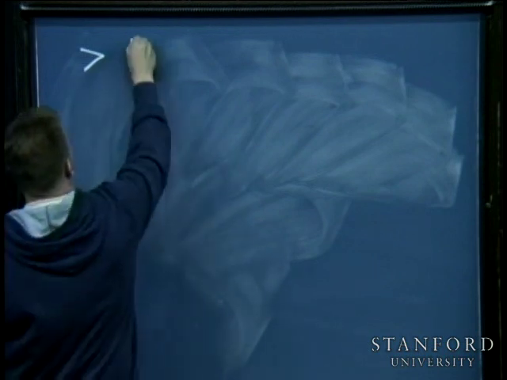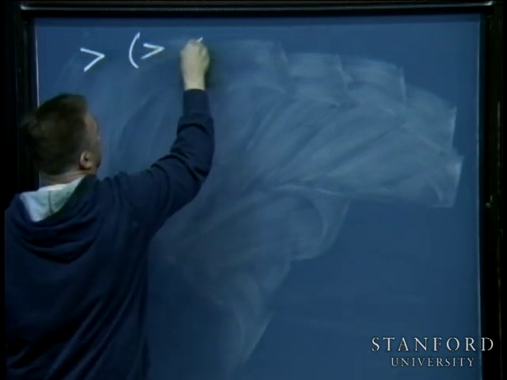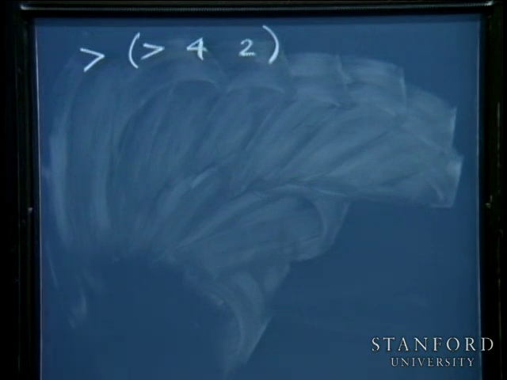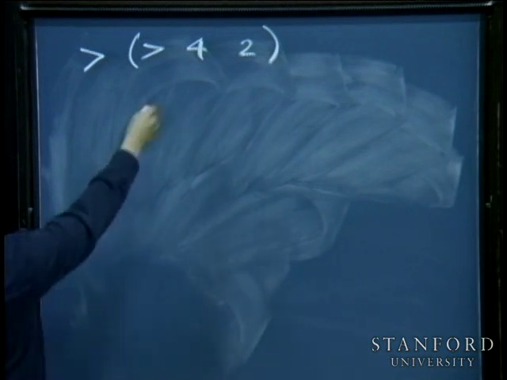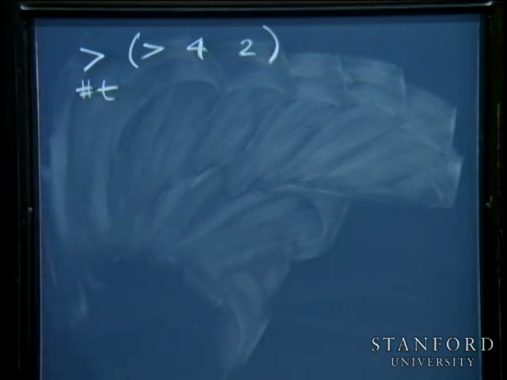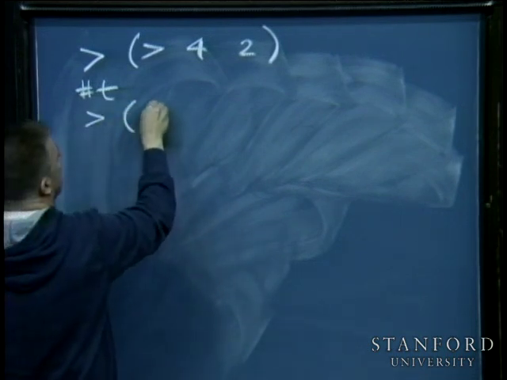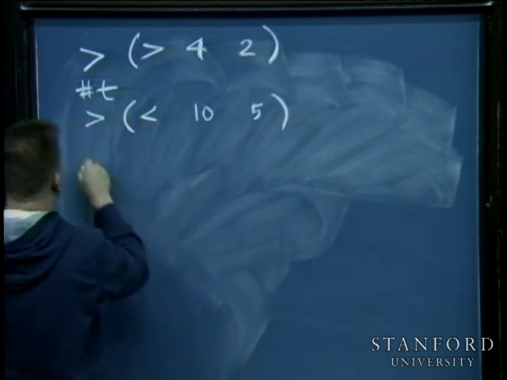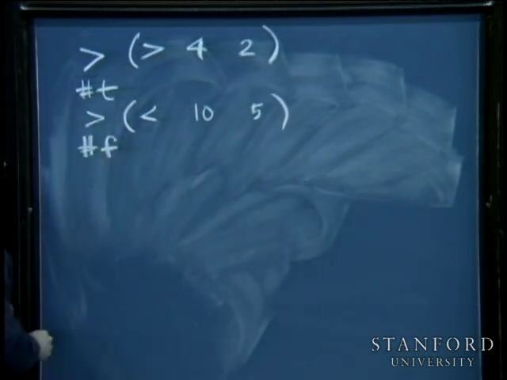If I'm curious as to whether or not that number 4 is greater than the number 2, I can ask: is it the case that 4 and 2 ordered that way actually respect that greater than sign as a function? This doesn't return a number or a string, it returns a Boolean. This would come back with something like that right there. Okay, if I did this, less than, is 10 less than 5, that would come back with a false.